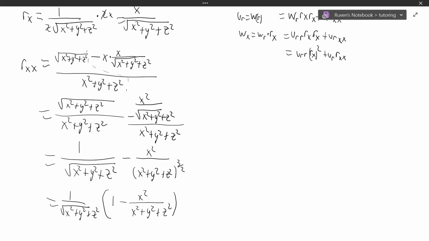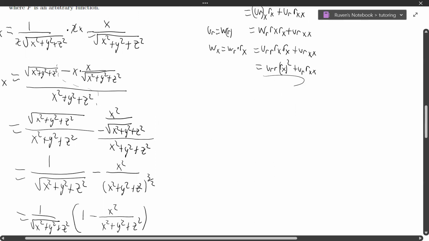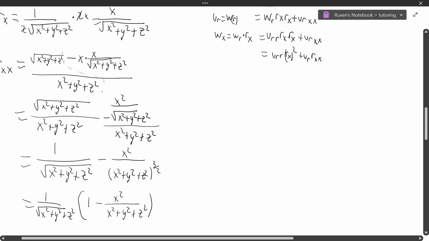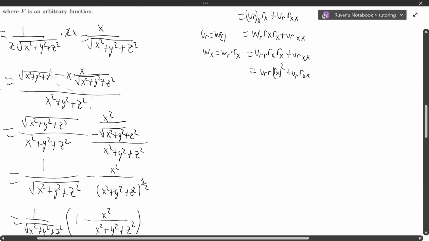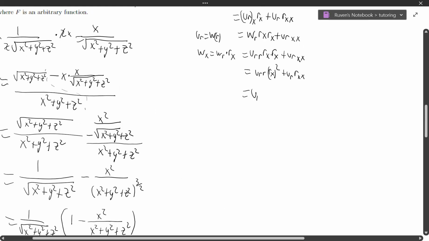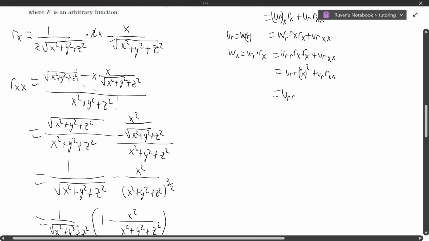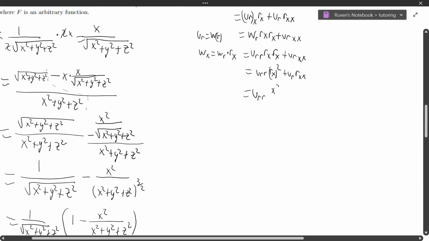Okay? And so now when looking back at this equation, what we'll see is that it's going to be URR times Rx squared. So what is Rx squared? It's going to be URR times Rx squared. And Rx squared is right over here, and that's just going to be x squared.